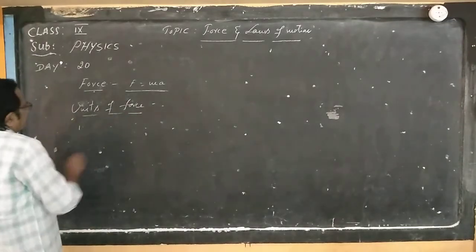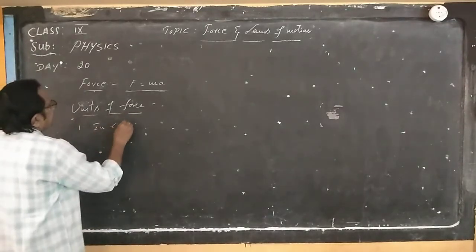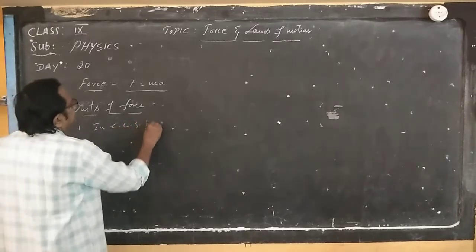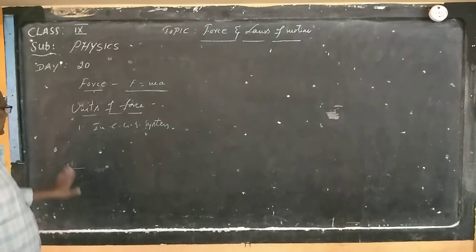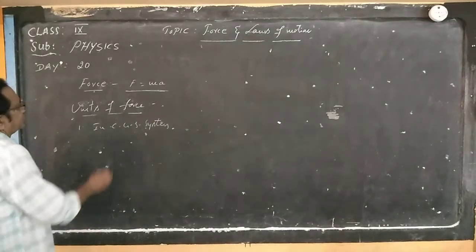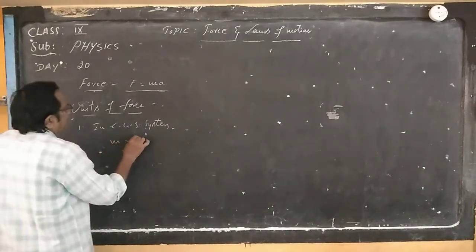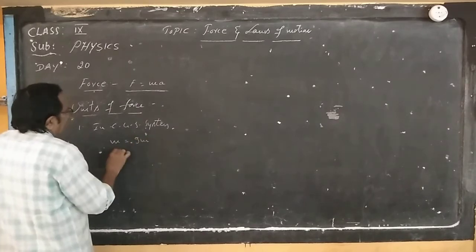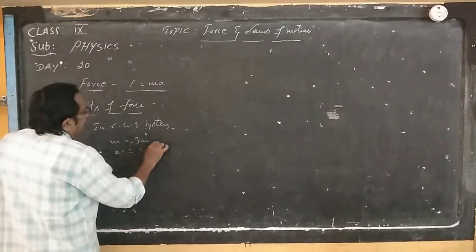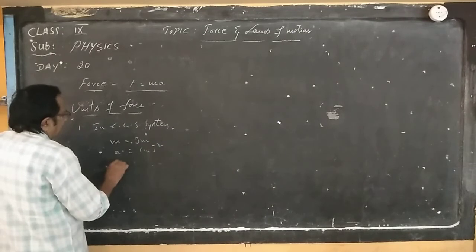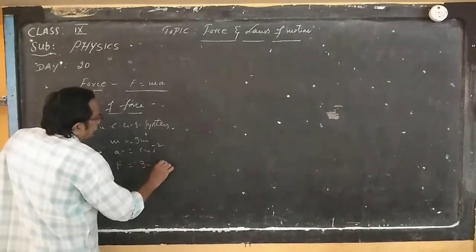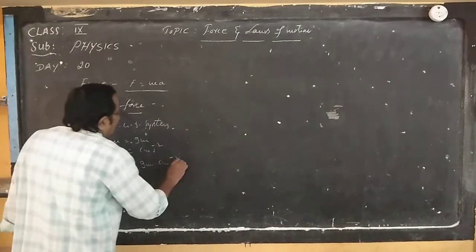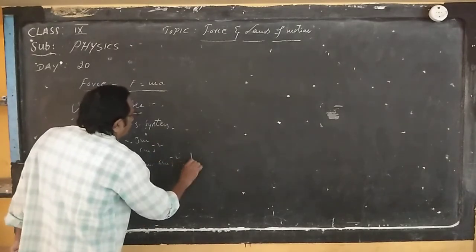So first, let us consider the CGS system. In the CGS system, what is the unit of force? Here mass will be gram, acceleration will be centimeter per second square, then force is equal to gram centimeter per second square, and this value is equal to dyne.